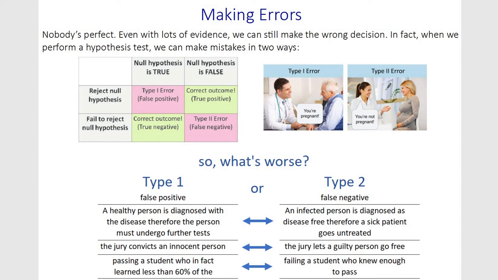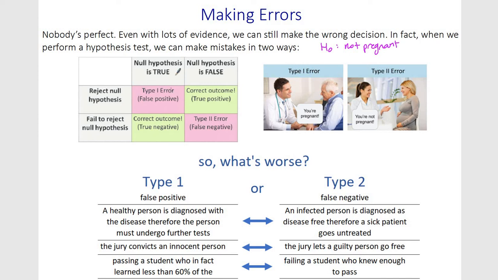This little comic with the pregnancy is a common one to try and remember type 1 and type 2. People forget these all the time. There are videos and tons of ways to try and remember them. In this scenario, the null hypothesis would be not pregnant.